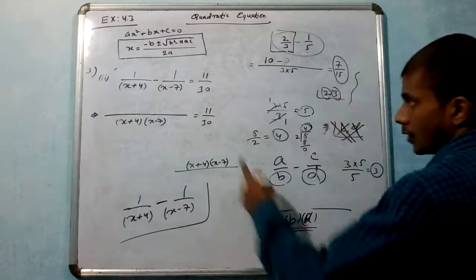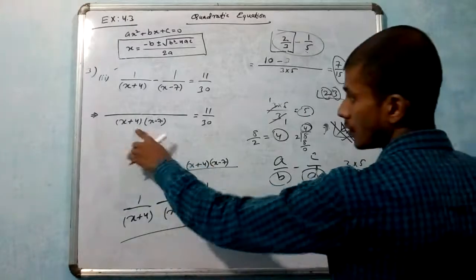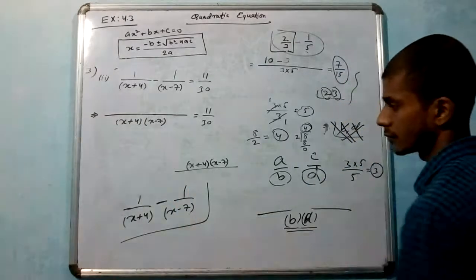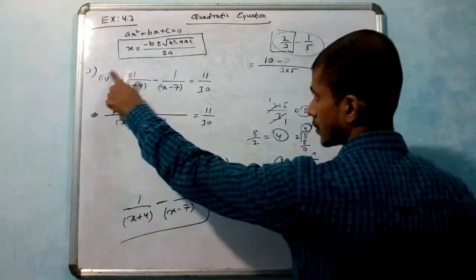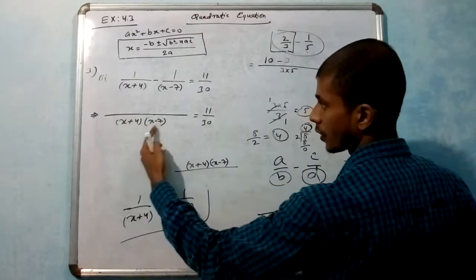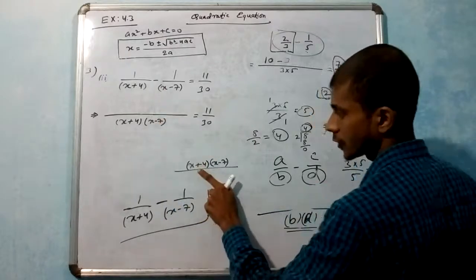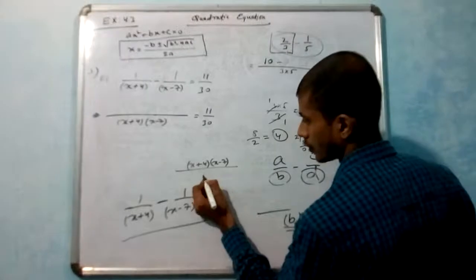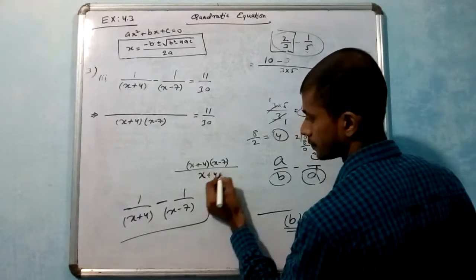Fine. Now help me here. I took the LCM. Next what? Of the first fraction. So see, I did not multiply inside value and got a quadratic. I put in this form only so that it will be easy for further cancellation. x plus 4 into x minus 7 divided by x plus 4. x plus 4.